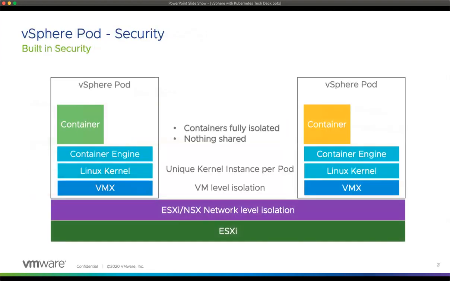So let's talk about vSphere pod security. Each vSphere pod has its own Linux kernel. So you have a unique Linux kernel instance per pod, highly optimized. You're not running a full-blown Linux OS. All you're running is a highly optimized Linux kernel.